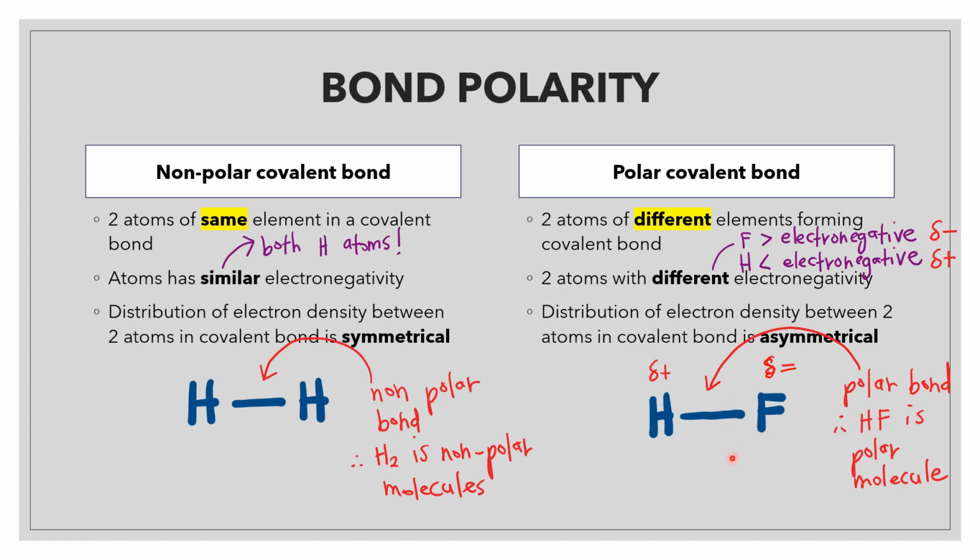Jika ada perbezaan elektronegativity di antara dua atom yang terikat pada covalent bonding yang sama, maka akan wujudlah unequal distribution of the bonding electron density, and you boleh labelkan sebagai delta plus and delta minus. So from there you can identify this bonding sebagai polar bonding. Dan apabila bonding ini adalah satu-satunya bonding yang ada dalam this molecule, we can also make conclusion bahawa this molecule adalah polar molecule.